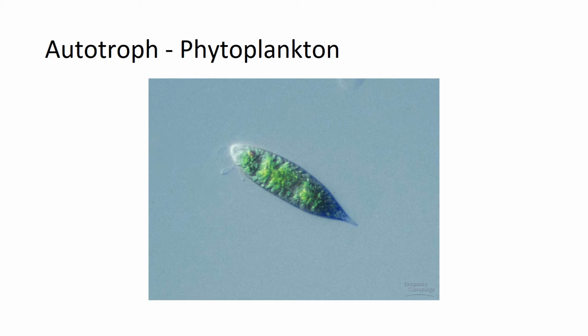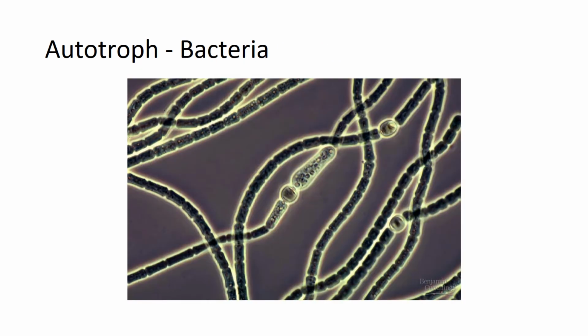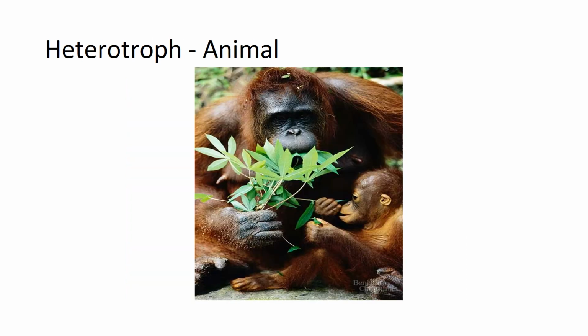Phyto means plant, so these are the plant-like protists and things of that nature. And we also mentioned bacteria, such as the blue-green bacteria. A lot of times you can see this in ponds. It's kind of like this filamentous stuff that might be in a pond or in a stream or a river. These are also photosynthetic.